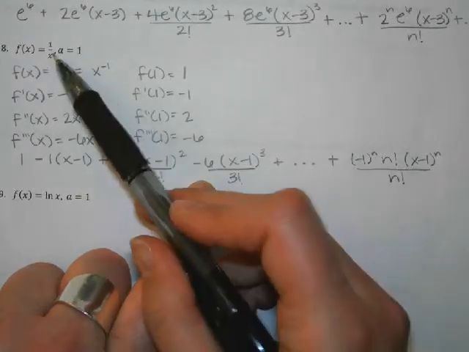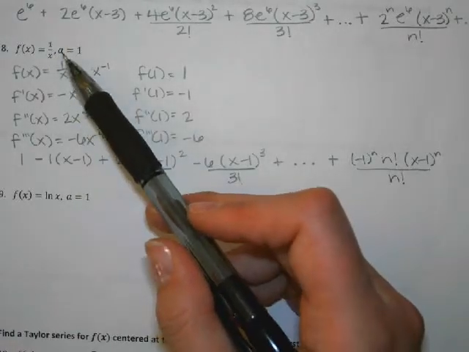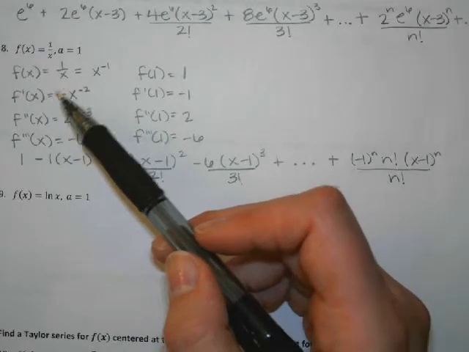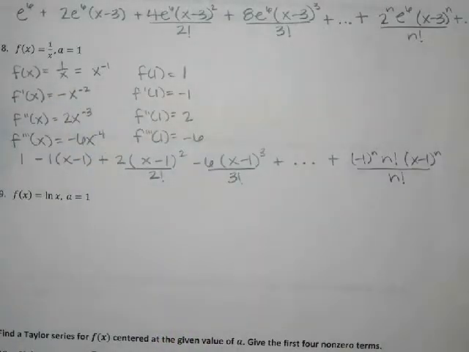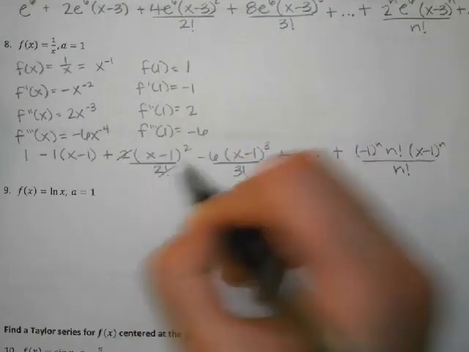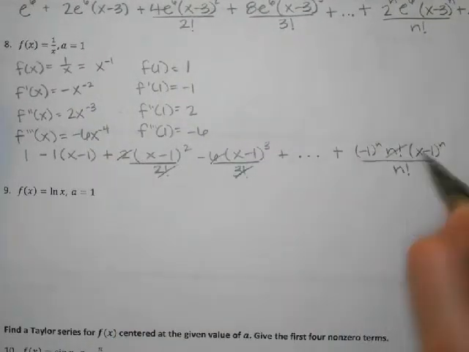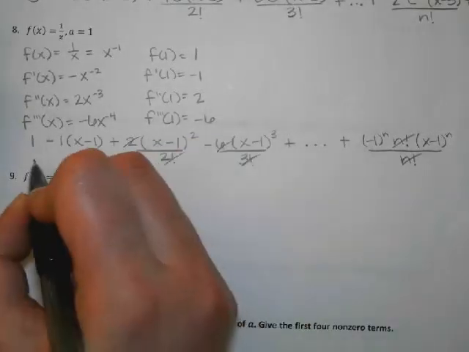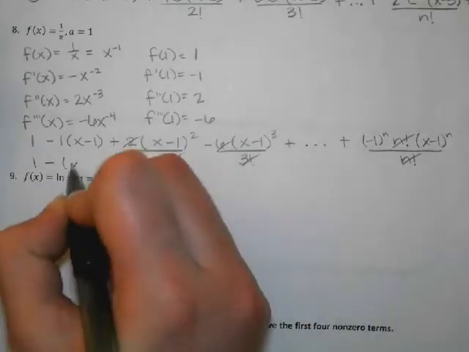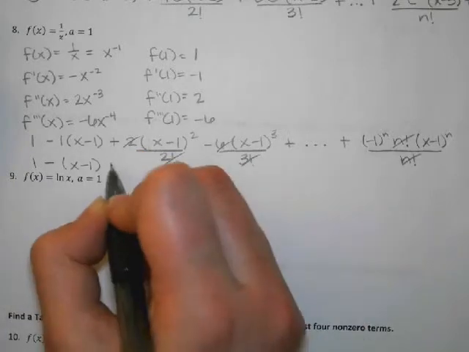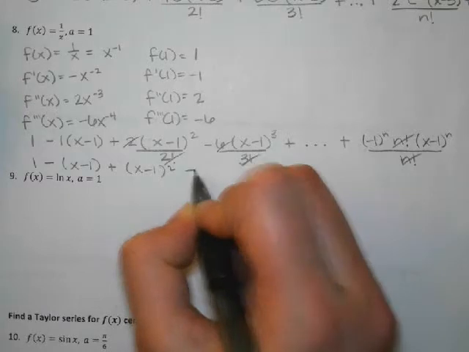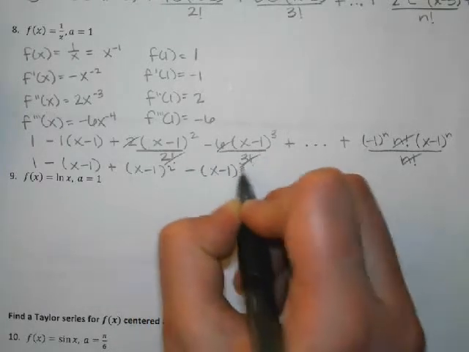And when you have these problems that have a fraction like that, they always make those factorials, which is really interesting. So we can say the 2's cancel out and the 6 and the 3 cancel and the factorials cancel out. So a simplified version of this would just be 1 minus x minus 1 plus x minus 1 squared minus x minus 1 to the third.